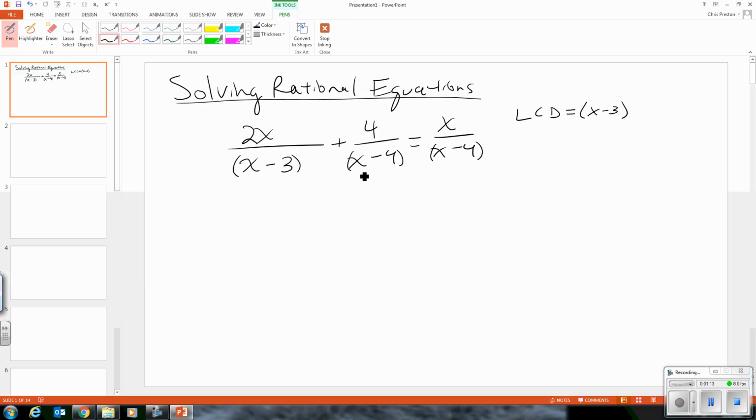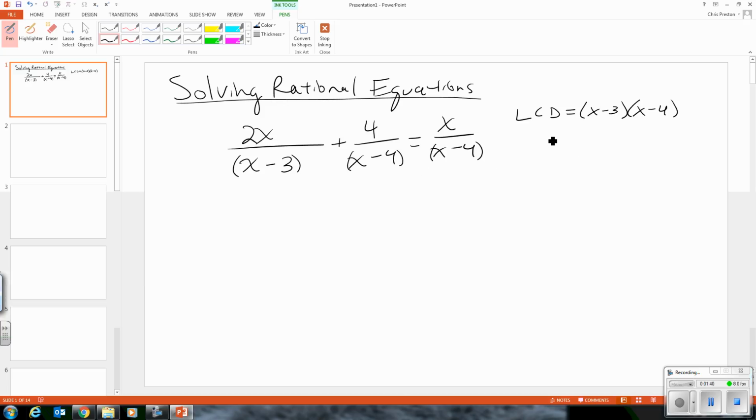The second one has nothing to factor either, so x minus 4 is its factor. Then I come over here, and I already have x minus 4, so I don't need to add another one. So this is my least common denominator, the smallest denominator that would cover all of these fractions.